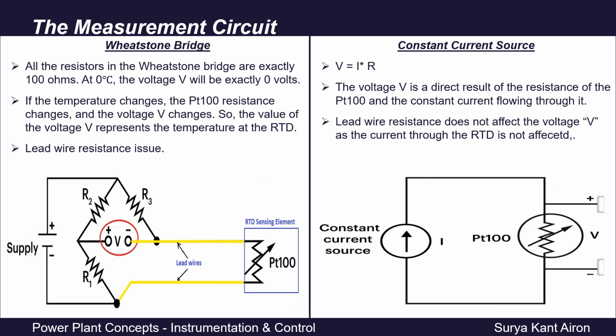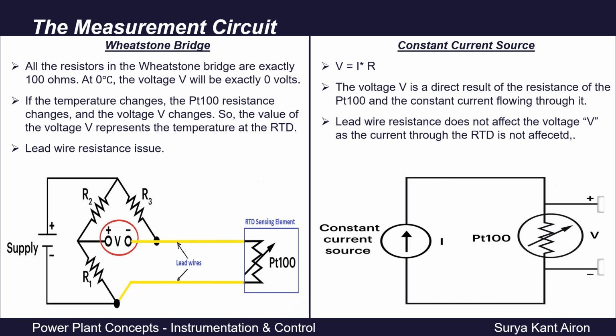As you can imagine, the distance between the RTD and the bridge becomes an issue because of the introduction of the lead wires resistance. This Pt100 is installed on the process line, and this measurement circuit, if it is not a local, meaning direct, temperature transmitter, then it would be transferred to the control system. So these lead wires would be longer, with the lead wires themselves having some resistance.